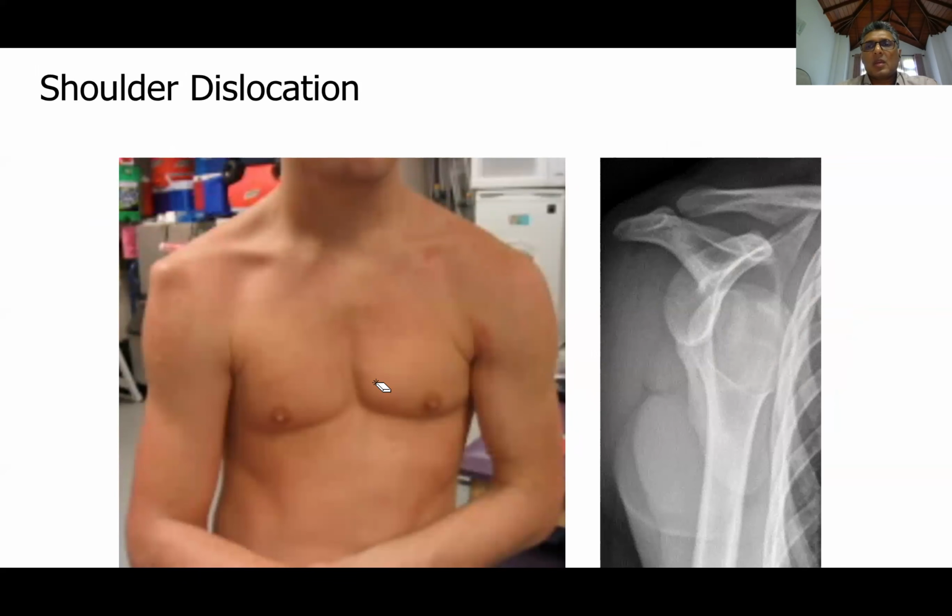In shoulder dislocation, as you can see here in the X-ray, the head lies below the coracoid process, in a subcoracoid position, and the glenoid cavity is empty. Therefore, you lose the nice rounded contour of the shoulder joint, which is there because of the head of the humerus lying here and the deltoid passing over that area.